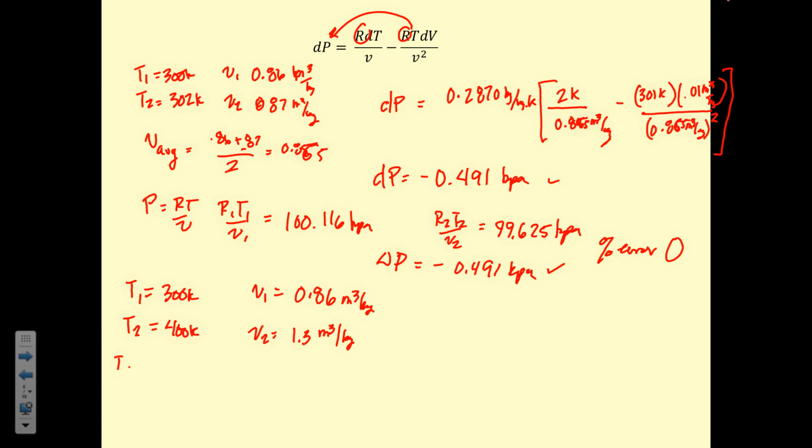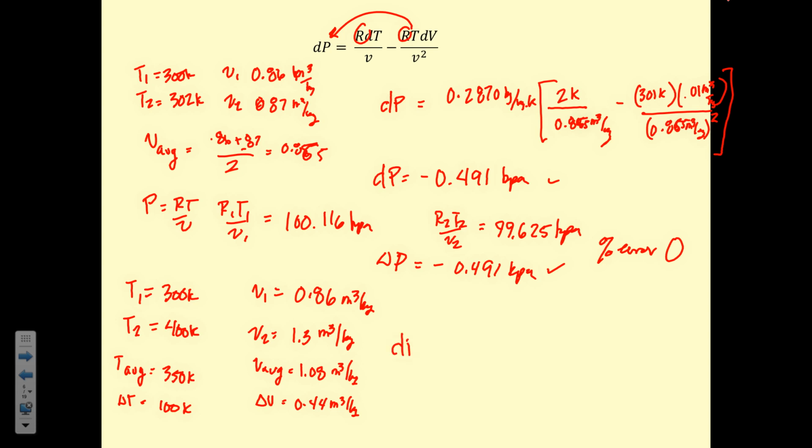So we find our T average is equal to 350 Kelvin. Our delta T is equal to 100 Kelvin. V average is equal to 1.08 meters cubed per kilogram. And delta V is equal to 0.44 meters cubed per kilogram.